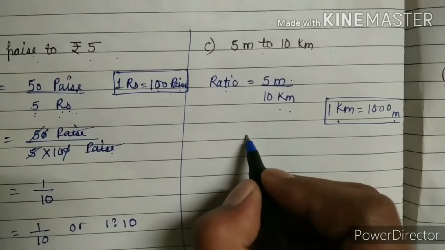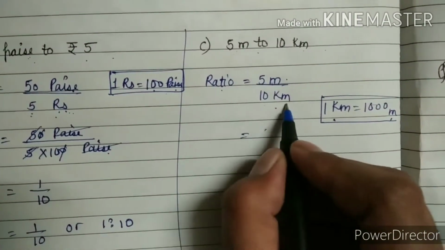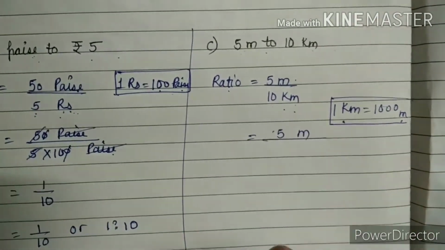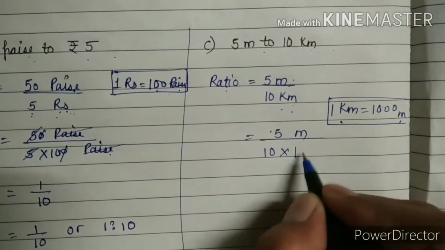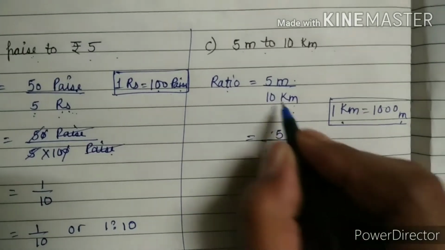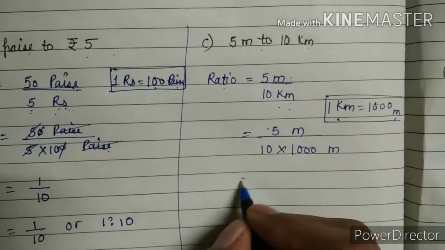So we are converting 10 kilometer into meter. That's why 5 meter as it is, and 10 will multiply by 1000. So meter will come, because we changed kilometer to meter by multiplying 1000.